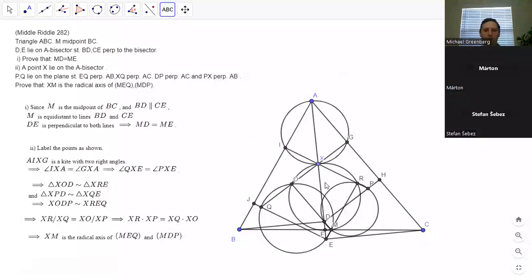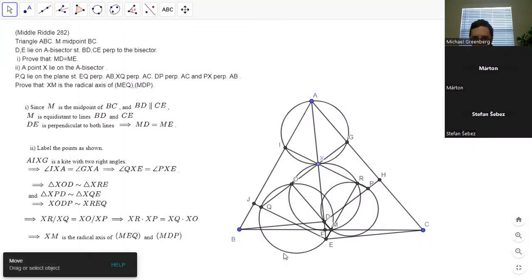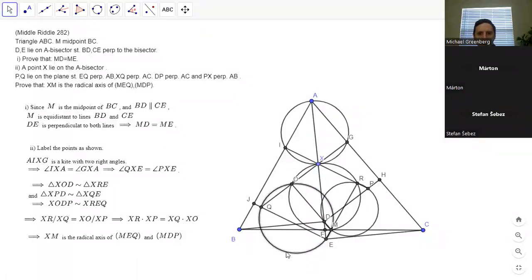Okay. So the only step I left out, I think, is this. We could let MB meet the circle at O, and then it's kind of obvious that that's a right angle. So point E is in the problem.